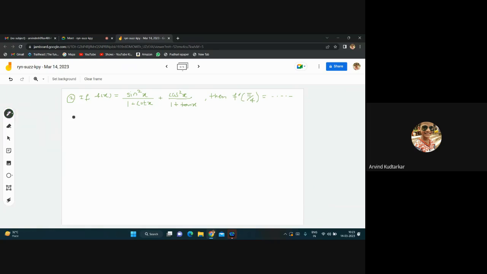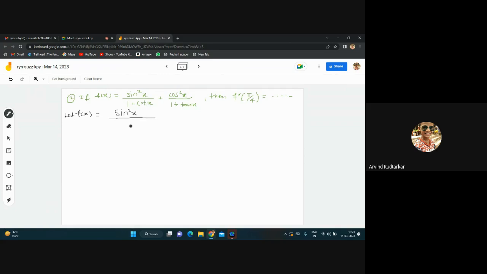We can simplify by using the relation of tan and cot with sin and cos. Let f of x equal sin square x upon 1 plus cot x. And cot means cos by sin.